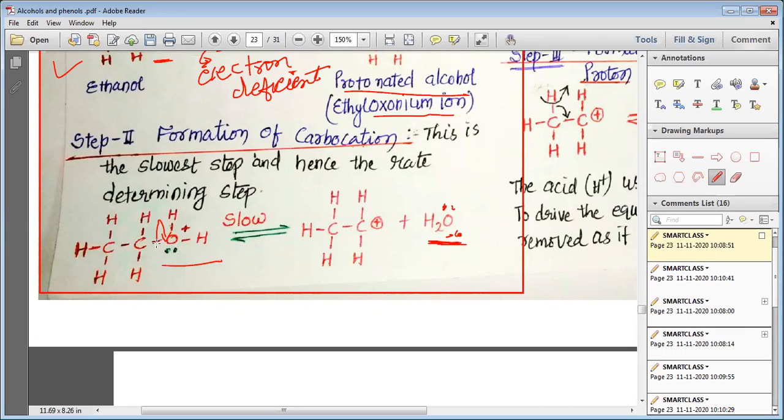As both electrons of this bond go to the oxygen, this carbon has a deficiency of electrons and that is why it turns into a carbocation. So here we get a carbocation produced in the second step.